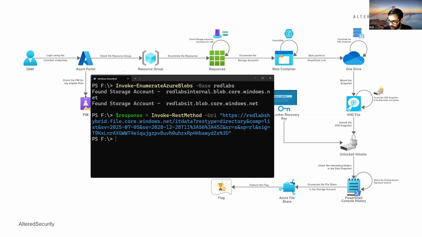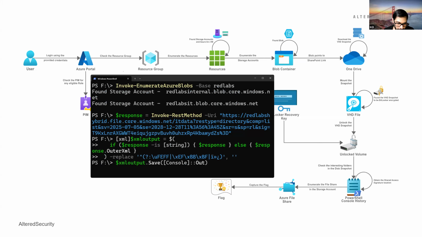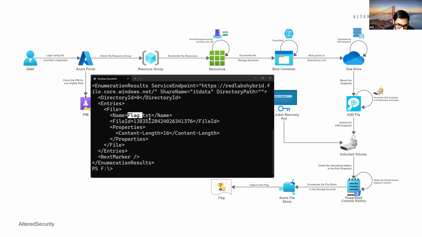Because the output is XML based, I will make it clear with these two commands for better readability. As you can see, there's a file in that IT data share called flag.txt.